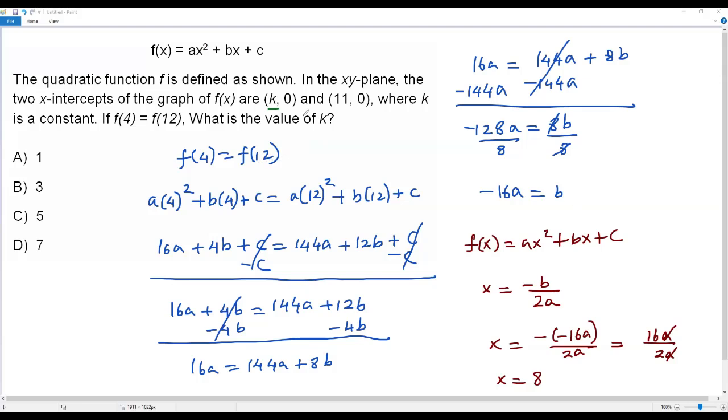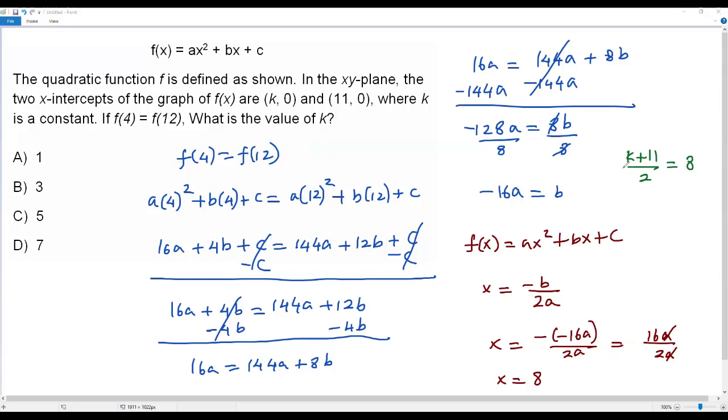So to get the average value of k and 11, I have to add them and divide by 2. So this is the average of the x-coordinates in the given two x-intercepts. Always, the average of the x-coordinates of the two x-intercepts of the quadratic function must be equal to the x-coordinate of the vertex, that is 8. So it must be equal to 8.